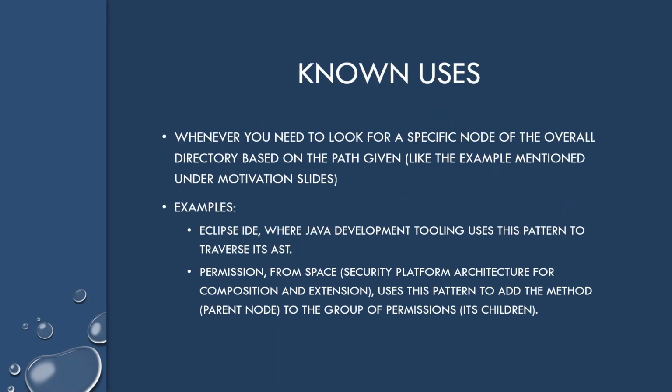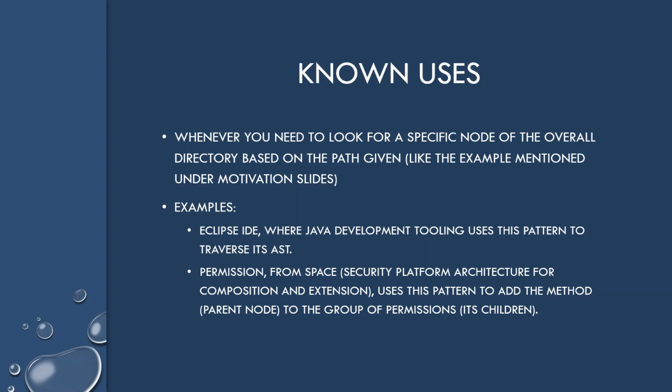Known uses. Based on the advantages and the consequence of using hierarchical visitor pattern, you would use it whenever you look for a specific node of the overall directory based on a given path, like the example mentioned under the motivation slides. Here is a list of examples that use this pattern.